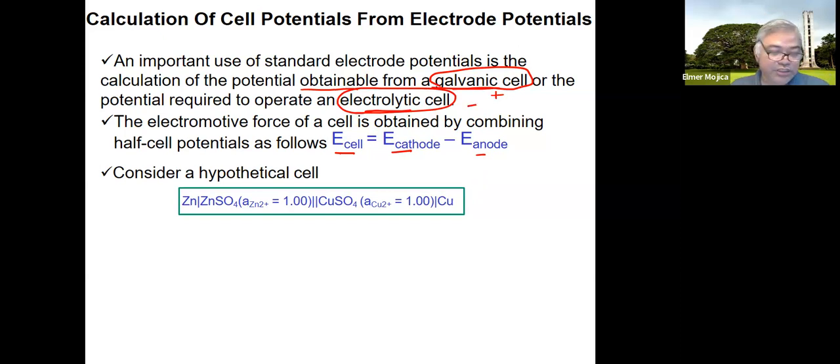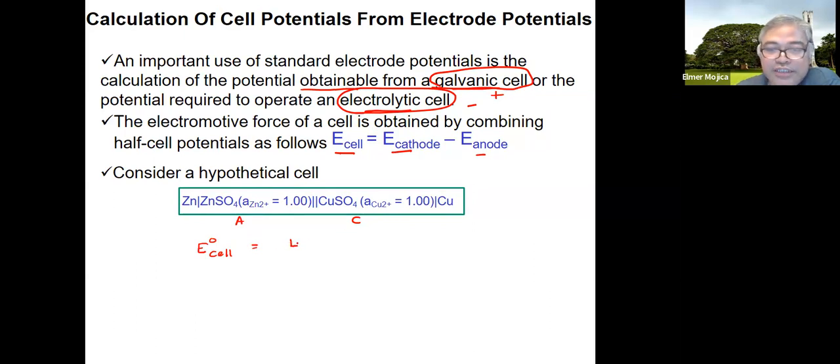So if we consider the calculation here, a hypothetical cell, okay? Which one is the cathode here and which one is the anode? So this is your anode, this is your cathode. So if you're going to look at the cell, activity is equal to 1.